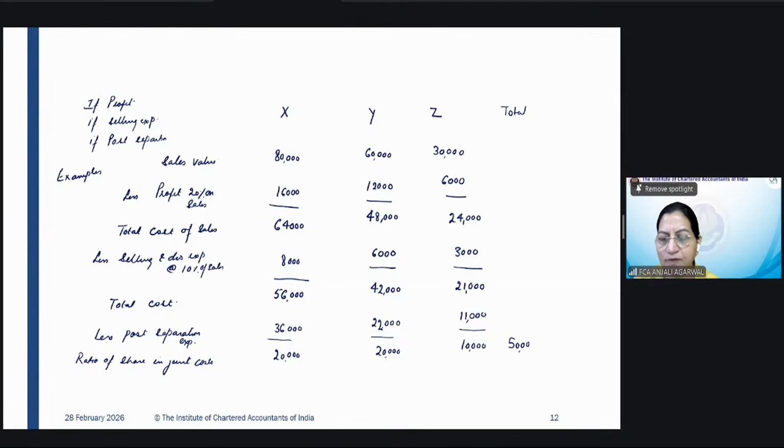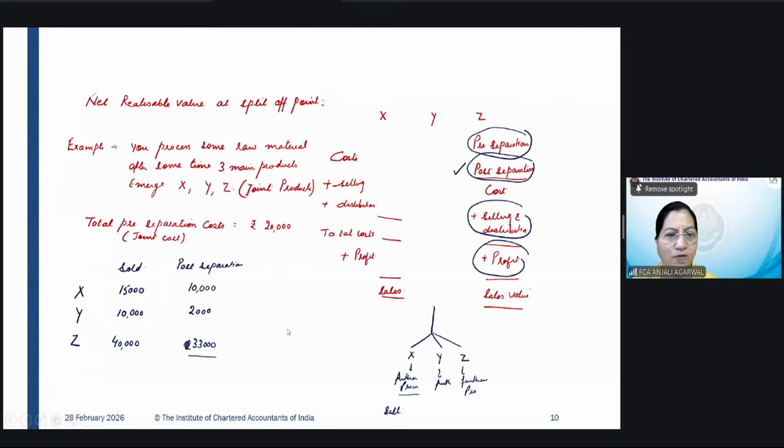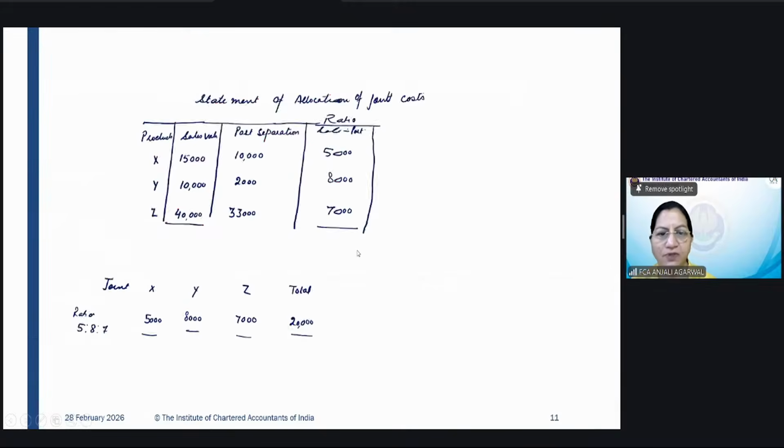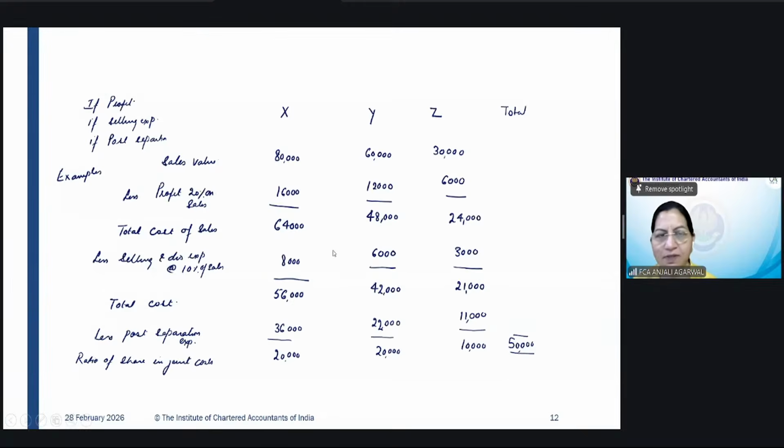Now, if all this information is given, the share in joint cost should be 50,000. But our joint cost was only how much? 20,000. So if I pick the joint cost from the previous example, joint costs were 20,000.